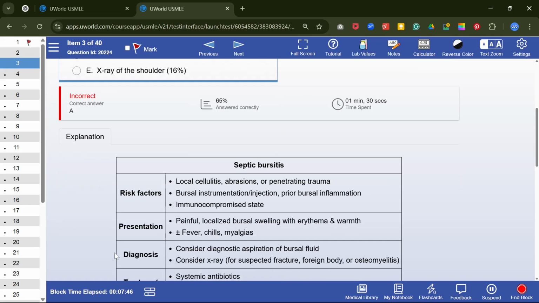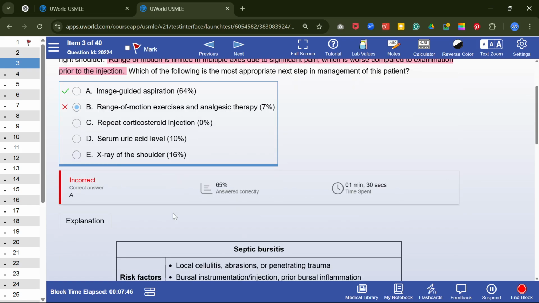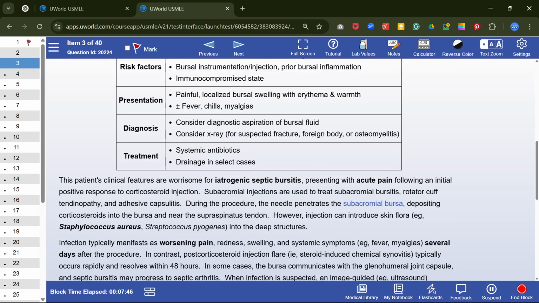Okay. This patient's clinical features are worrisome for iatrogenic septic bursitis. Iatrogenic septic bursitis presents with acute pain following an initial positive response to corticosteroid injection.